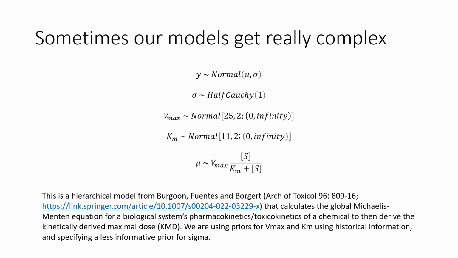Ultimately, this is our approach to deriving a kinetically derived maximal dose. If you're really interested in this, I suggest you read the paper. I'm only showing this to show that we can do some extremely complex modeling within the Bayesian framework. And we can do some really cool stuff as well.